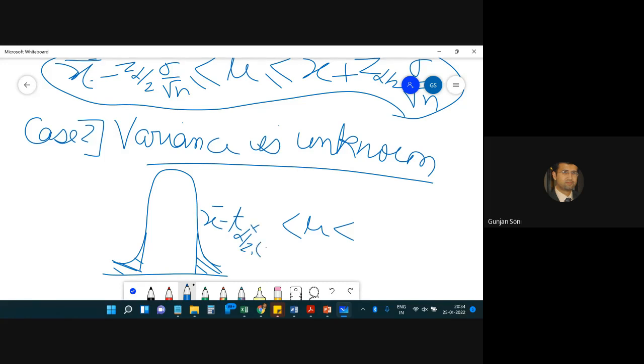The t distribution is characterized by the degrees of freedom, which depends on the number of samples. This n minus 1 is a subscript. So this is the confidence interval when the variance is unknown. Both the cases we will consider.